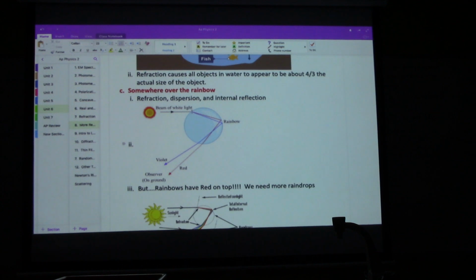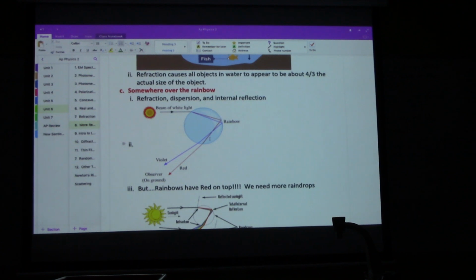Light comes in. Notice that the violet light and the red light start to disperse upon the initial refraction. But what happens on this back surface is, as light goes back from the water droplet to the atmosphere, it reaches the critical angle with respect to the observer and how you're observing that particular light.